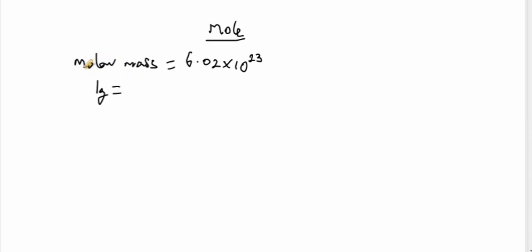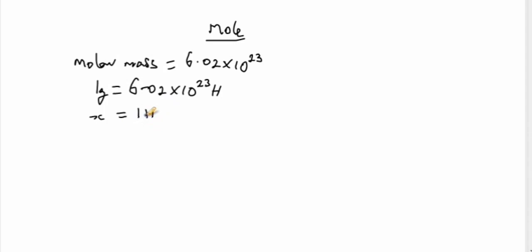the molar mass of the hydrogen atom is 1 gram. Therefore, 1 gram contains 6.02 times 10 raised to the power 23 hydrogen atoms. So if this contains this, then what will be the mass of one atom?